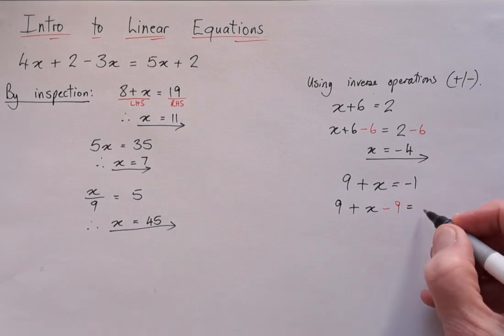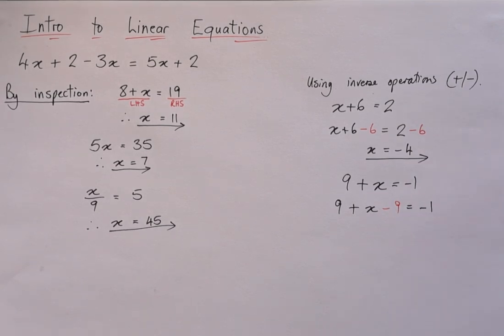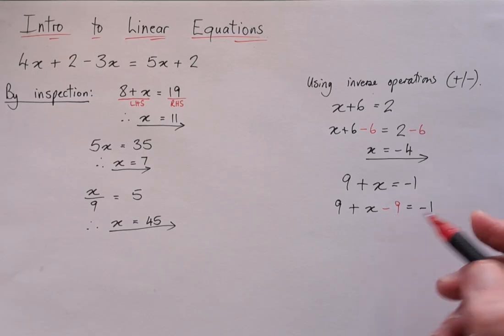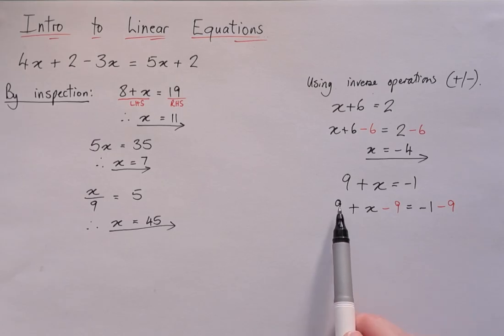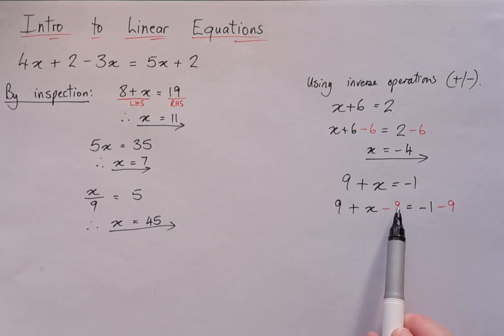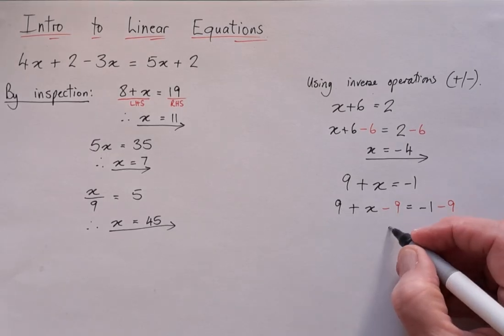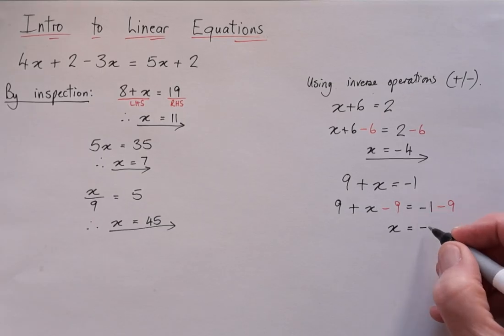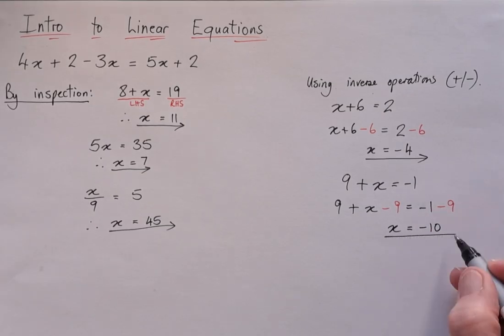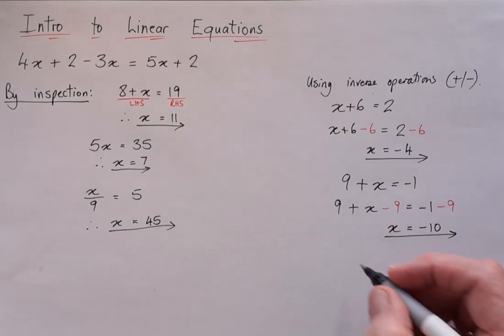What did I have on the right-hand side? I had negative 1. What did I do to the left-hand side? I need to do the same to the right-hand side. So this is the tidying up step now. 9 minus 9 is 0, so the numbers are disappearing, and I'm left with x. And negative 1 minus 9 is going to give me negative 10.